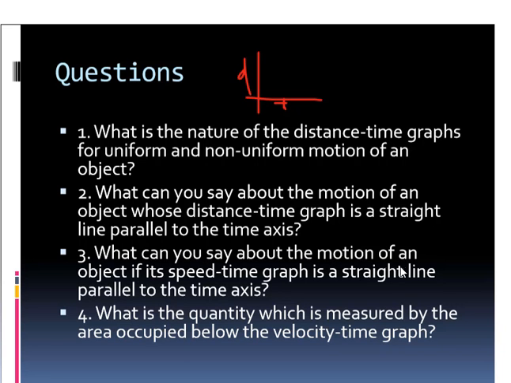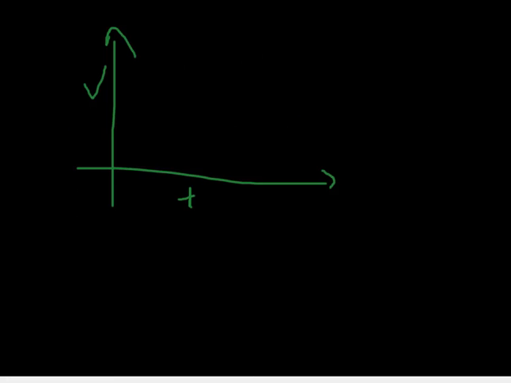What can you say about the motion of an object if its speed time graph is a straight line parallel to the x-axis? Now, similarly, if the speed time graph is parallel to the x-axis, what can you say about it? See, here time is increasing, but velocity remains constant. At this point, the velocity remains constant.